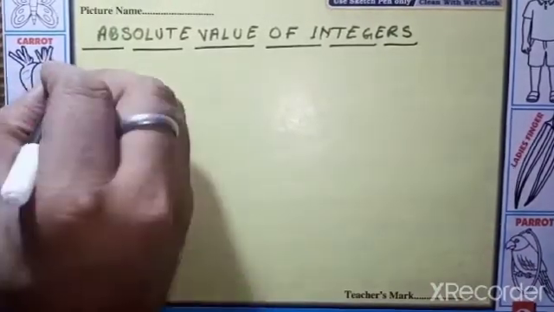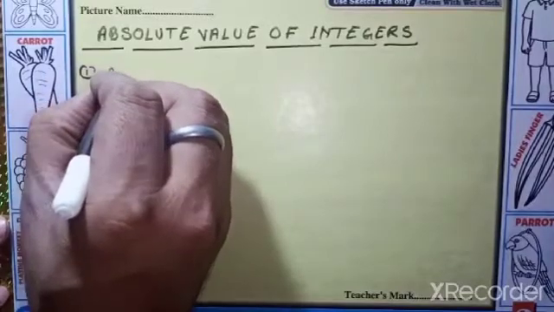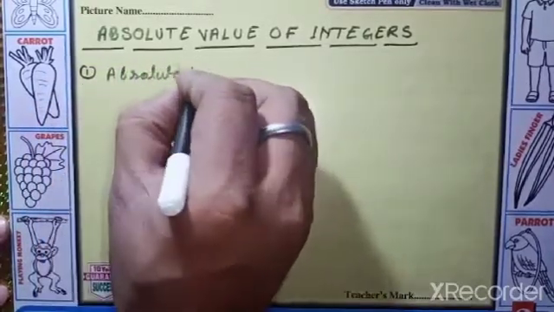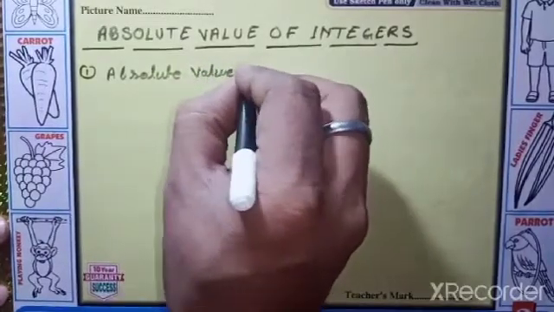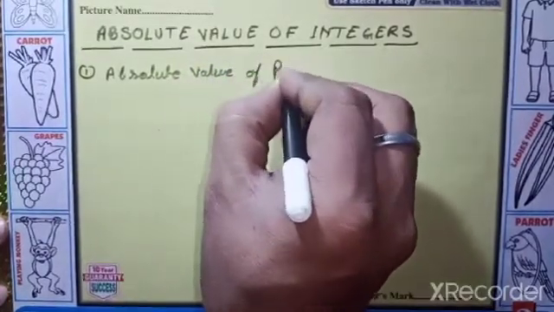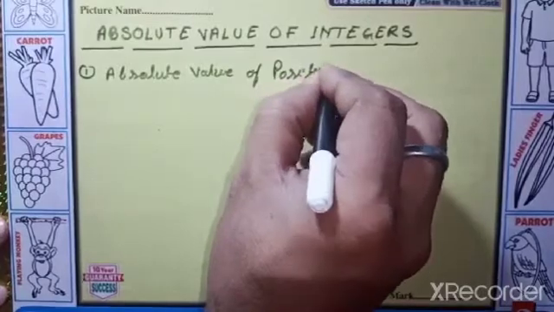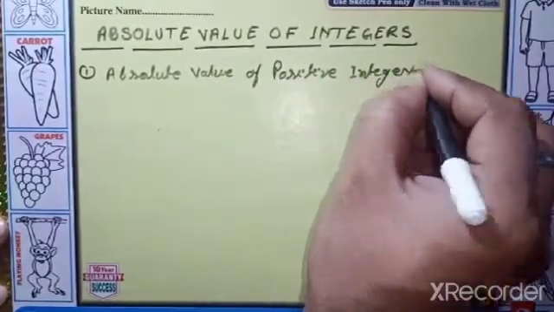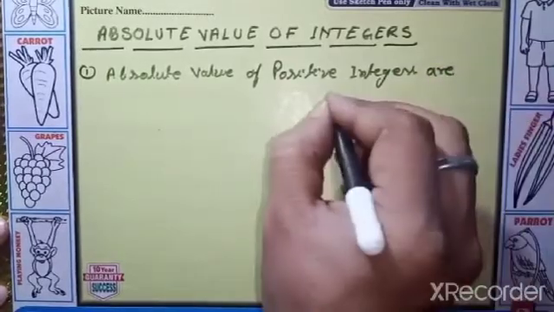Now absolute values of positive integers are positive.